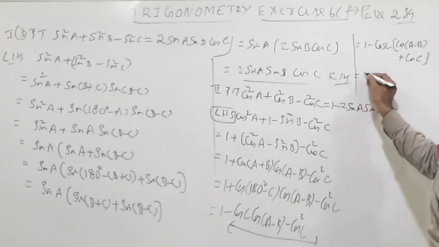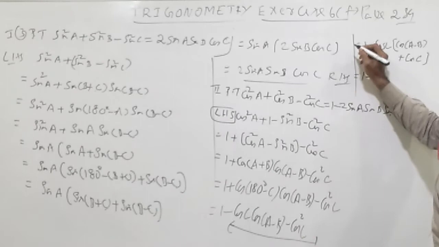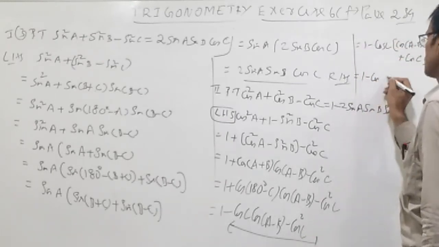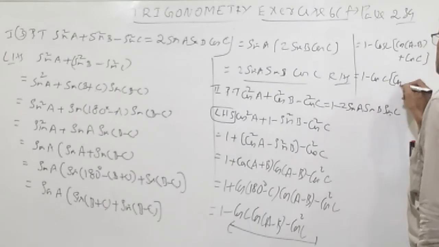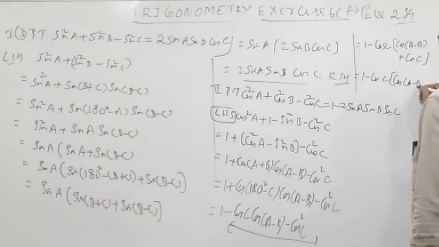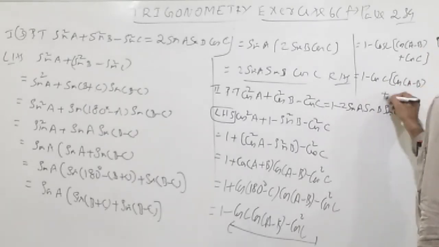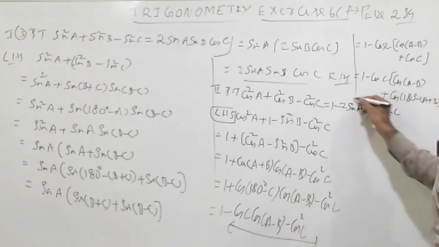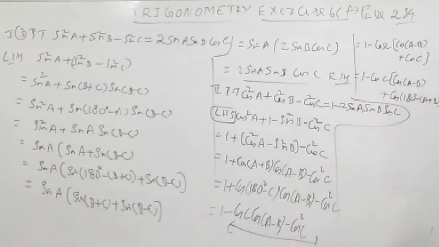That is equal to 1 minus cos C into cos of A minus B. Here you can understand plus cos of, instead of C you can understand 180 minus of A plus B.